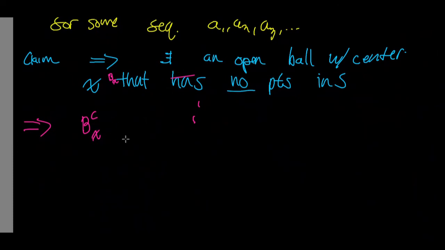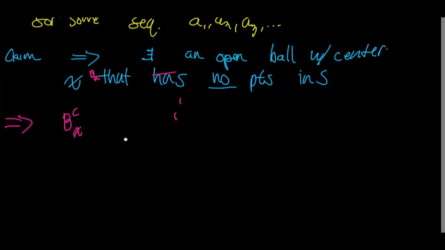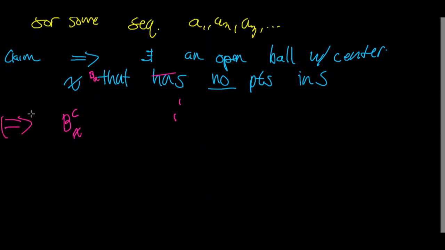So this complement of this open ball, check this out. This complement of this open ball contains S. And why can I say that? Because the open ball with center x has no points in S. So the complement of this open ball contains S. And not only that, the complement of this open ball is closed, because the complement of an open set is a closed set, and an open ball is an open set.